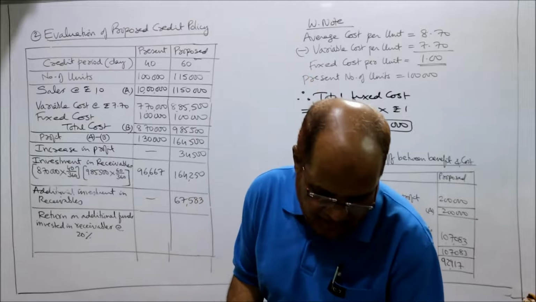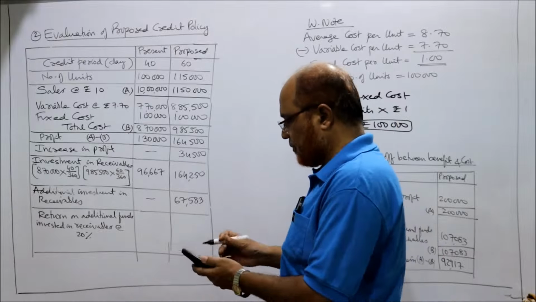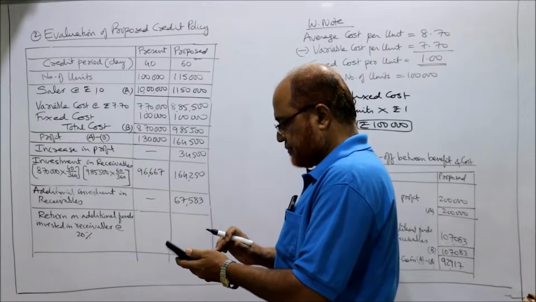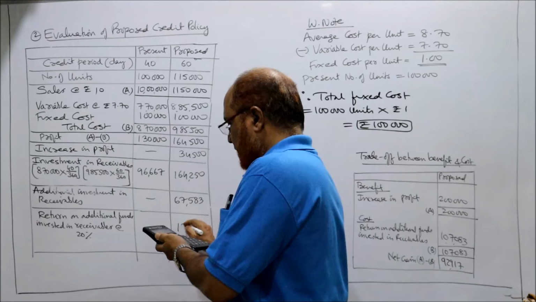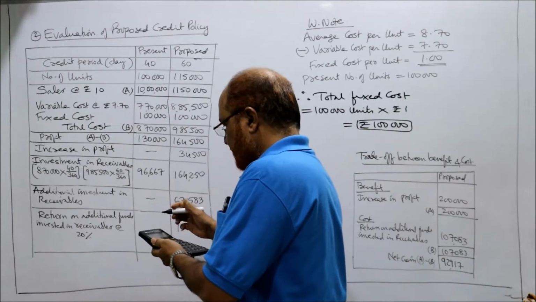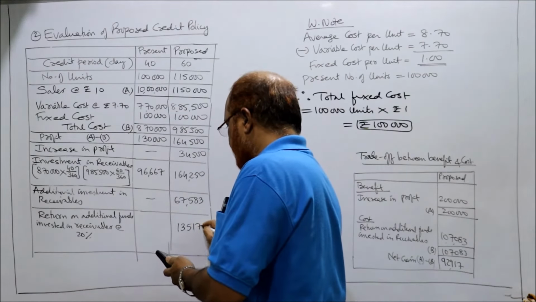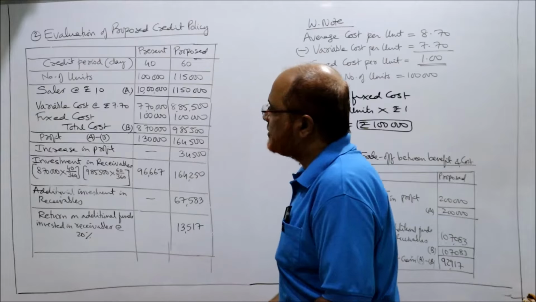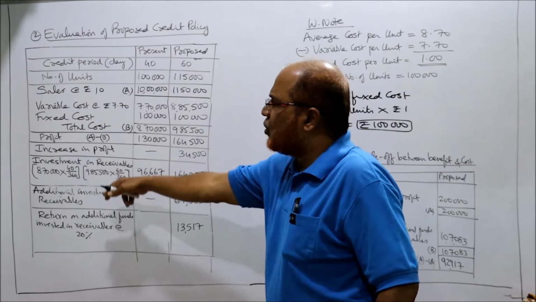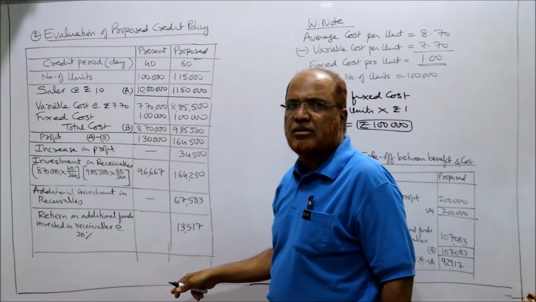Now the return is at the rate of 20% given in the problem, which gives 13,517. That's it. Finished. Same format, only the figures I have changed.